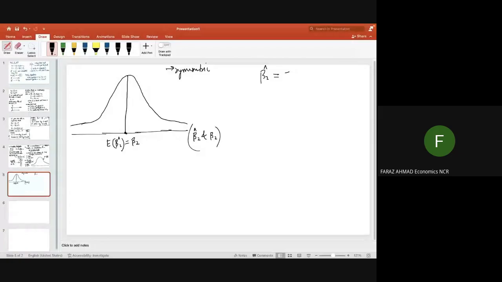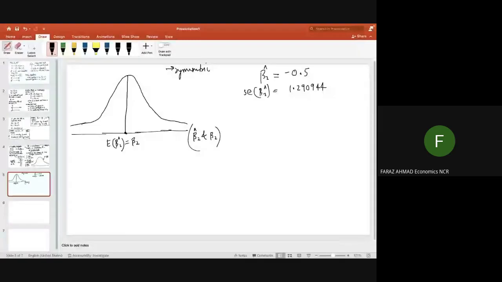I'll use those numbers, so that will be minus 0.5. Great. And also tell me the standard error. So it was 1.290944. Is it right, what I've written? So the standard error of beta 2, sorry sir, it's 0.64.